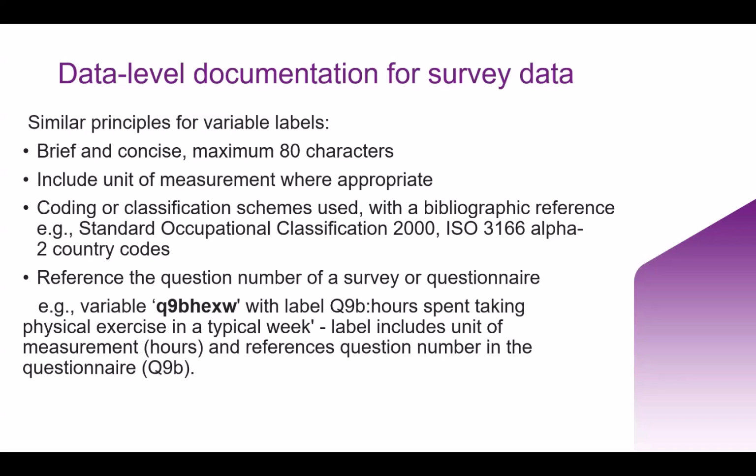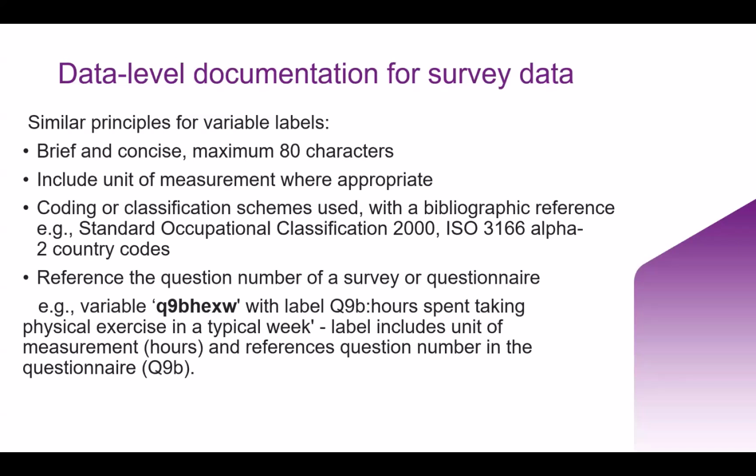The example here does all of that. At the bottom there we have Q9BHEXW. This is given the label Q9B hours spent taking physical exercise in a typical week. So the label clearly includes the unit of measurement and a reference to the question.